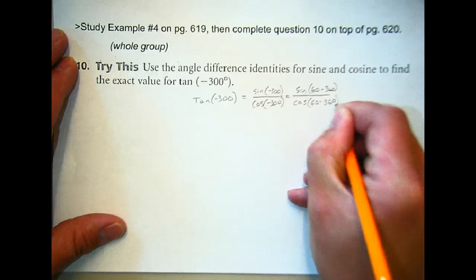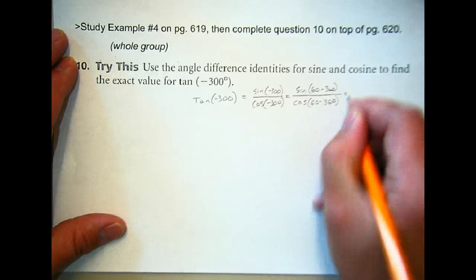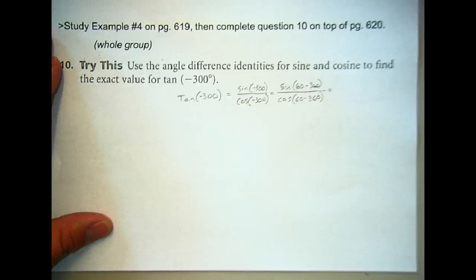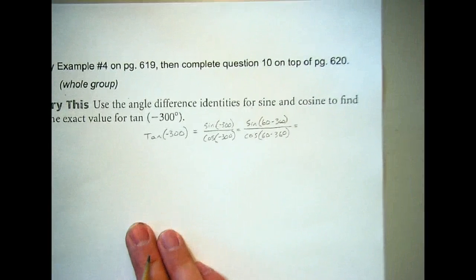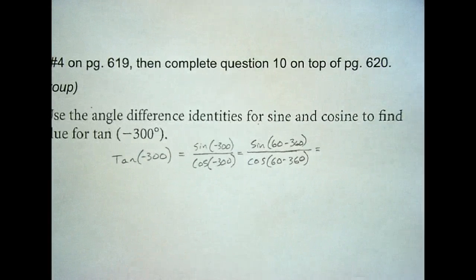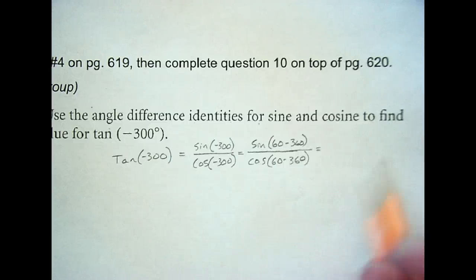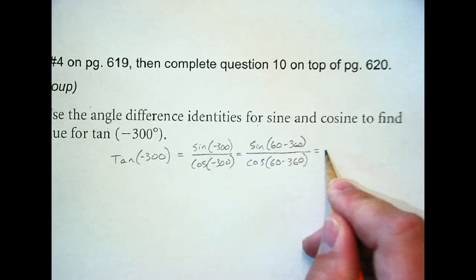I use 360 because you get ones and zeros there, which makes it easier.